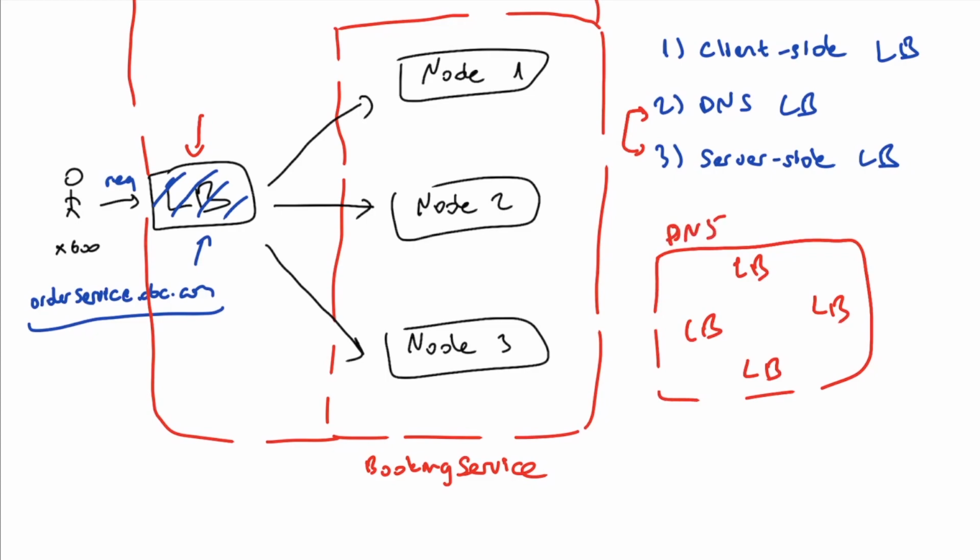Which means when a client makes a call, they might hit this load balancer or this one or this one or this one. So even if one of your load balancers crashes, you still have other hosts or other nodes that can balance the load and call one of these nodes.